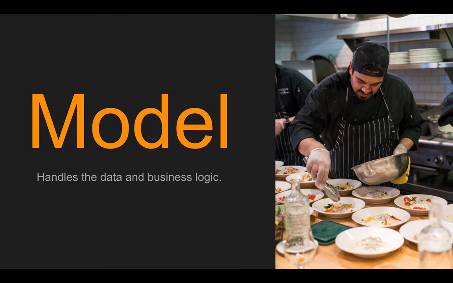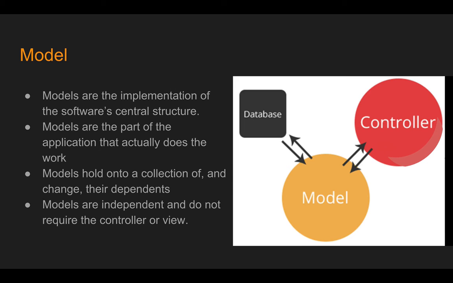We're going to start with our model, which handles the data and the business logic. You can see the picture of our cook in the kitchen here, making things happen. In software, he'd be doing that with data, but in the kitchen, he's doing it with food. Hopefully that helps. The model can be somewhat hard to understand, but it is the implementation of the software's central structure.